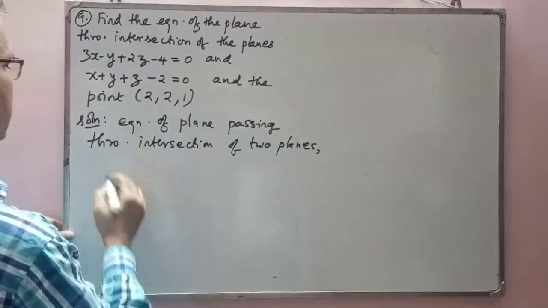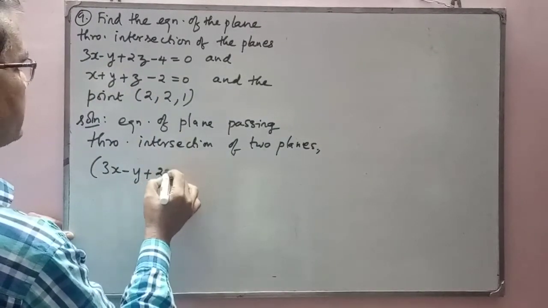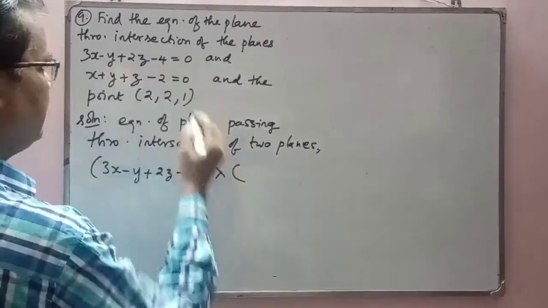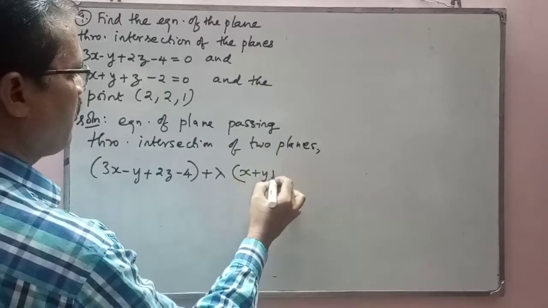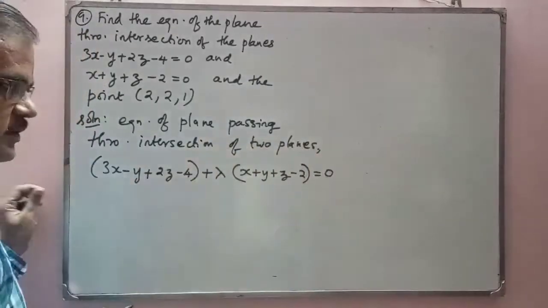We write the first plane equation plus lambda into the second plane equation. This is the required equation, children.